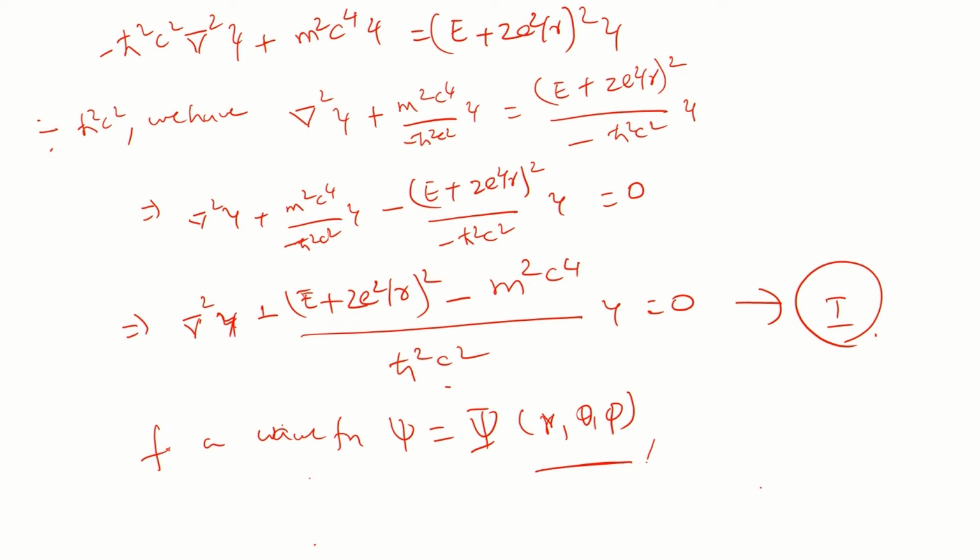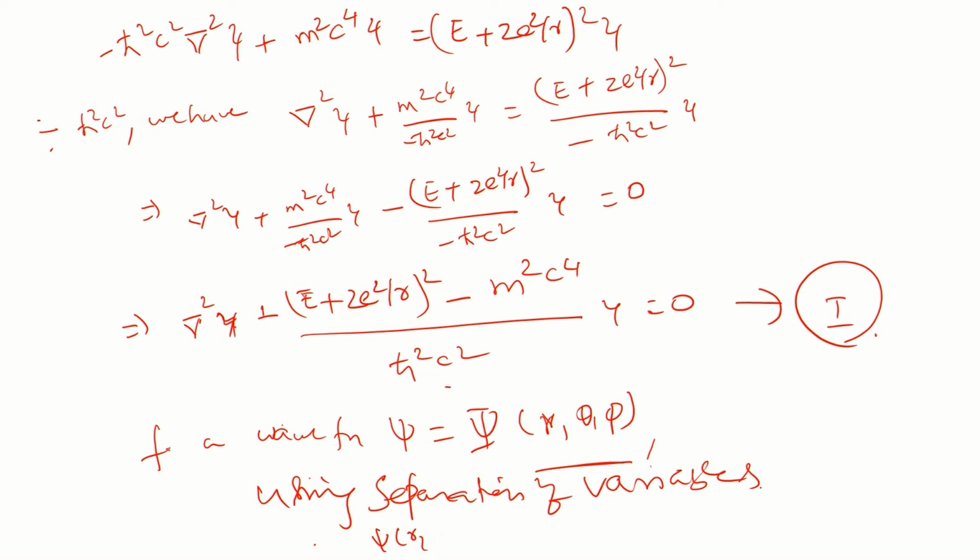I have to use a mathematical technique called separation of variables. This technique will enable a function with many variables, we can split into many functions of single variable. So, we can write psi of r comma theta comma phi as equal to R of r, Theta of theta and Phi of phi.